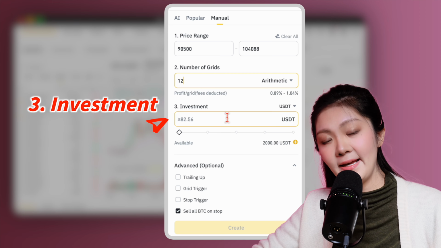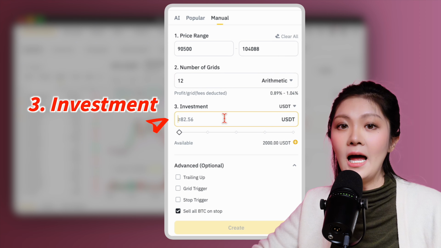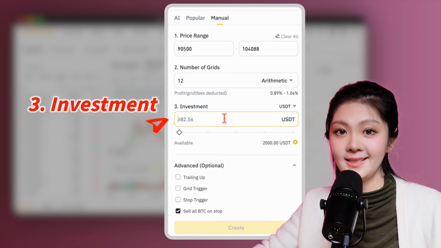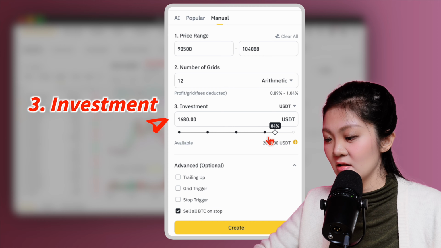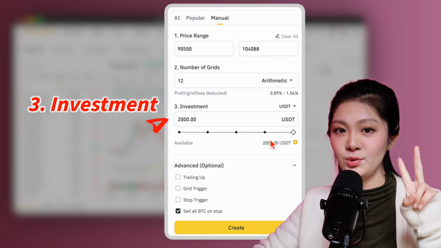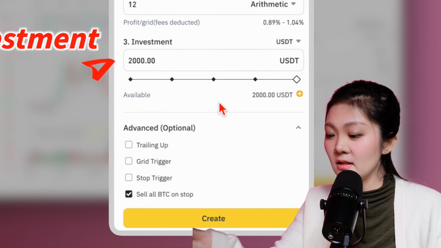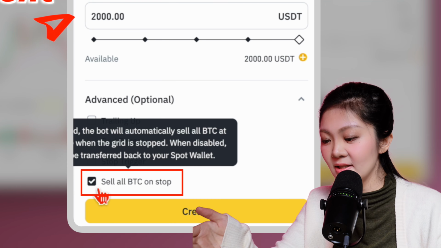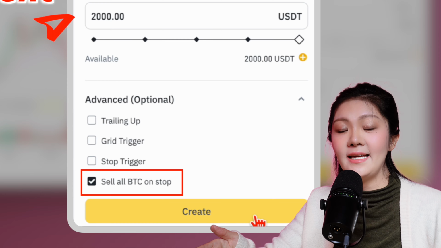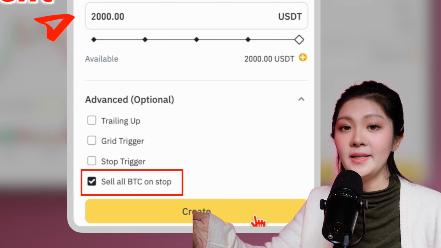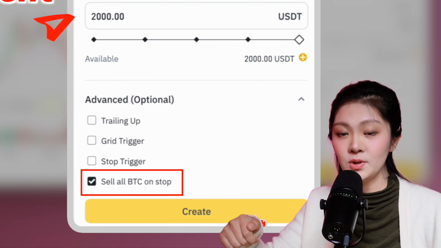The third one is investment. It means how much money you want to put into it. We can just drag this bar here to adjust. So for demonstration, I'll put 2K here. For the advanced settings, make sure you click the box Sell all BTC on stop, which means if you close this order, all the BTC in this order will be sold.